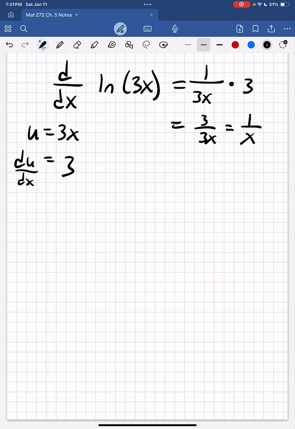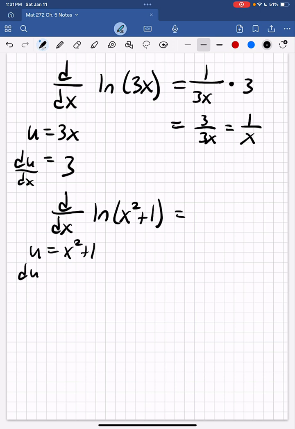So let's go ahead and do another one. I want to find the derivative of the natural log of x squared plus 1. Okay. Well, I am finding the derivative of this component, so I need to pull out u, and that's x squared plus 1.